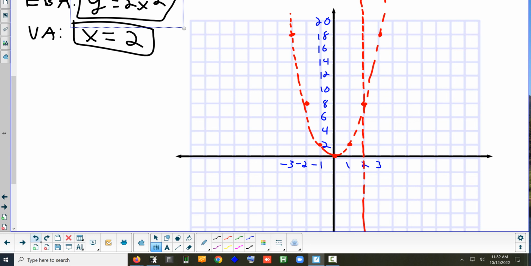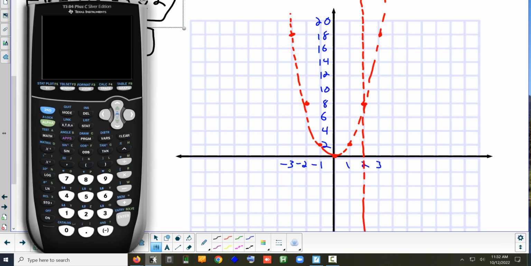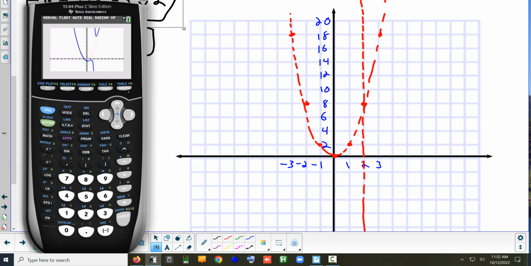To figure out what's going on, we're just going to plot some points. So let's do second table. Turn it on. First thing you want to do is pick a point somewhere to the left and right of the asymptote. So what's a value a little smaller than 2? 1.99. And I can see that I'm down at negative 300.